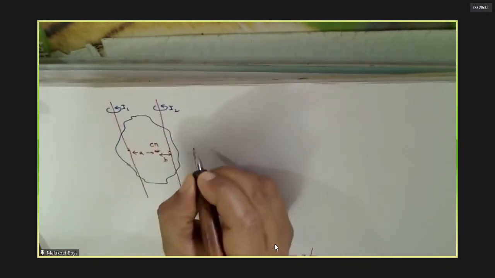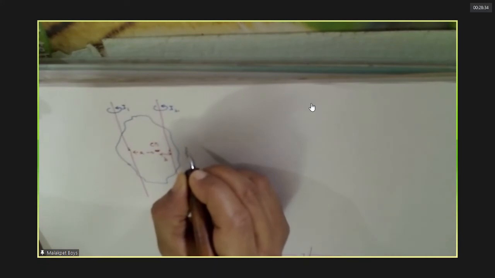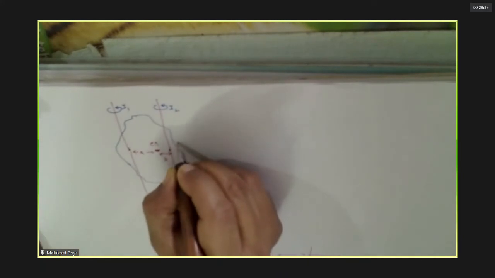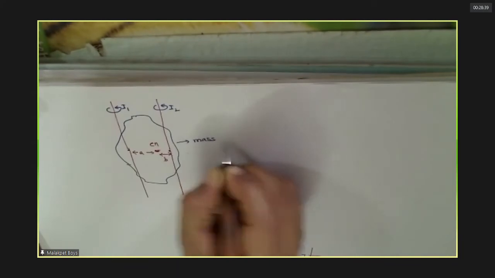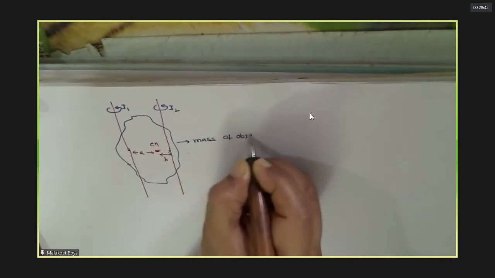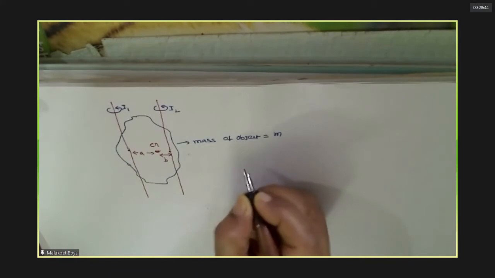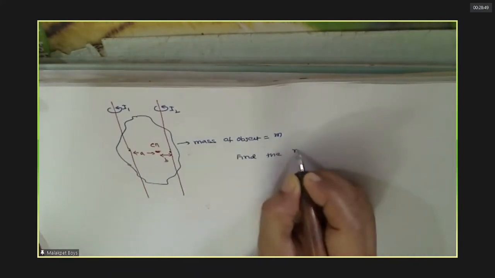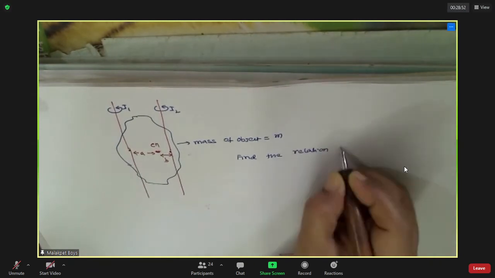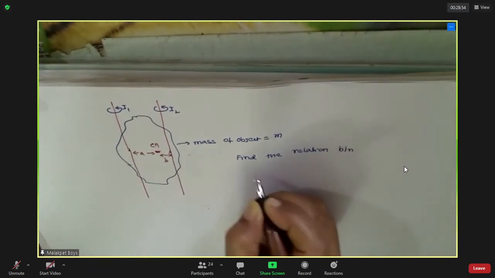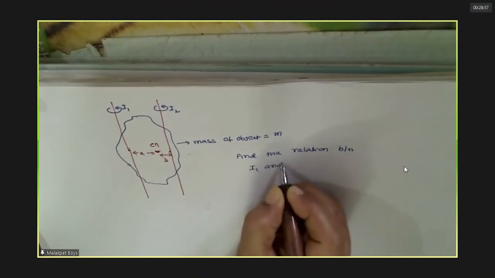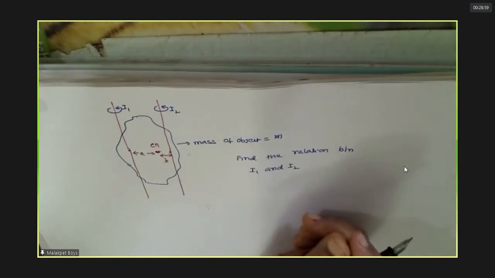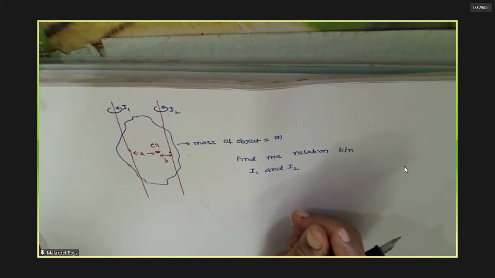Find the relationship between them, where the mass of the object is m. Understood this? Yes, sir.